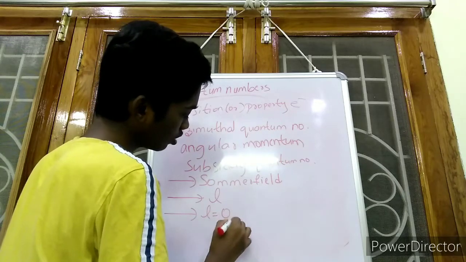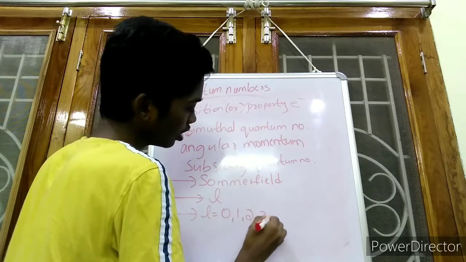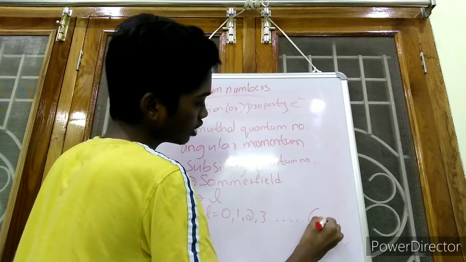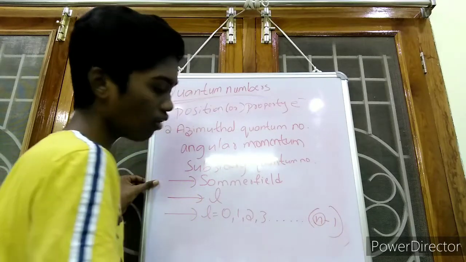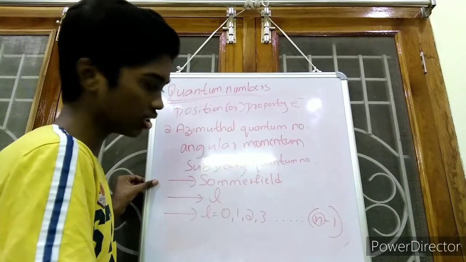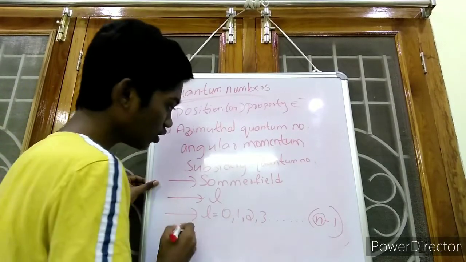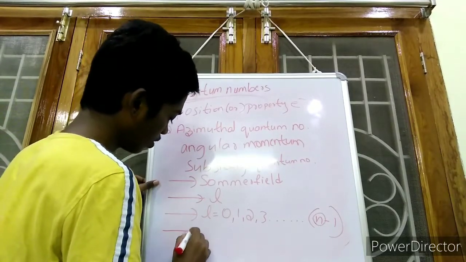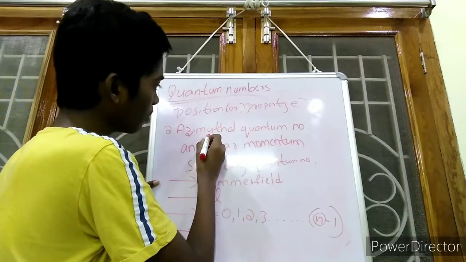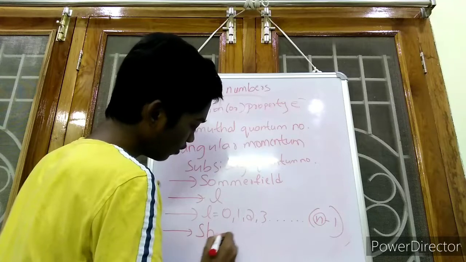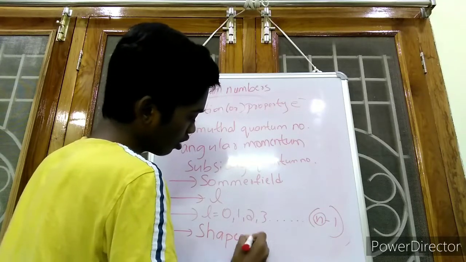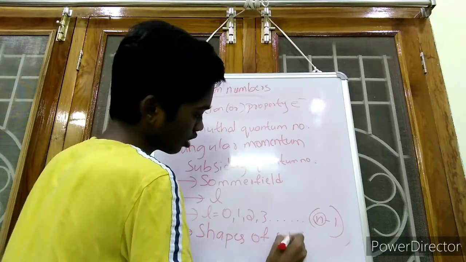l equals 0, 1, 2, 3 and so on up to n minus 1. We have seen what n is in the principal quantum number, nothing but the shells or orbits of an atom. This azimuthal quantum number gives information about the different shapes of subshells.